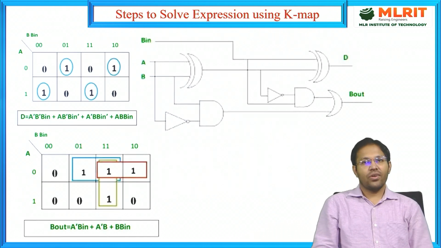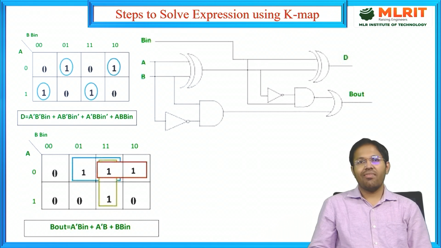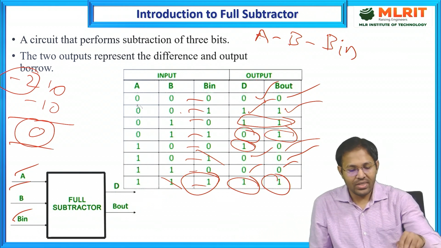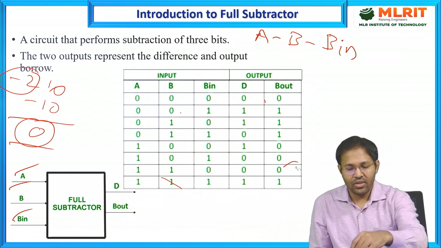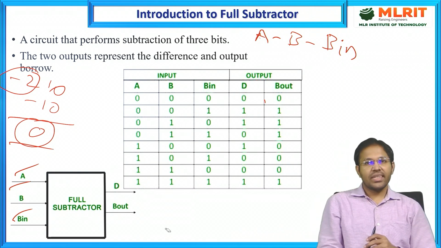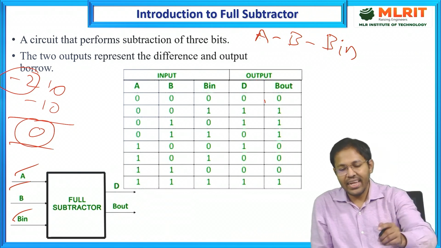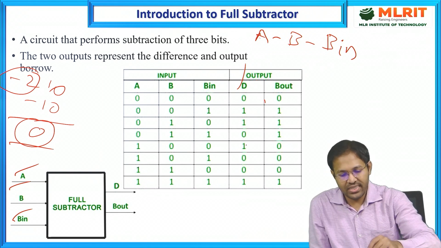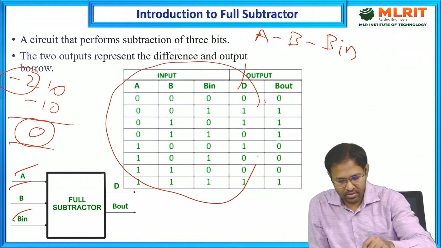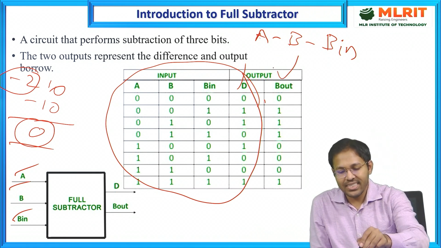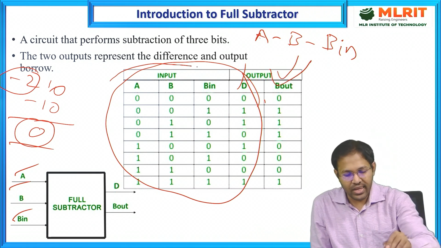Now, what we are going to do is develop the circuit diagram for this full subtractor. For that, we need to once again look at this particular truth table. To get the circuit diagram, we have to separately analyze the difference in terms of the given inputs, and we need to separately analyze B out in terms of the given inputs.